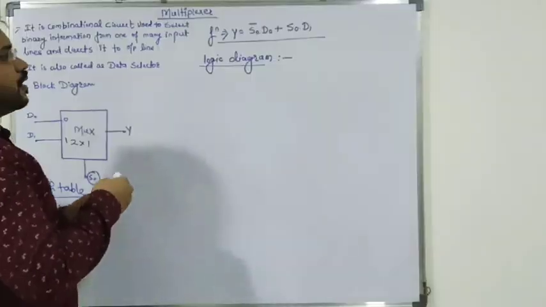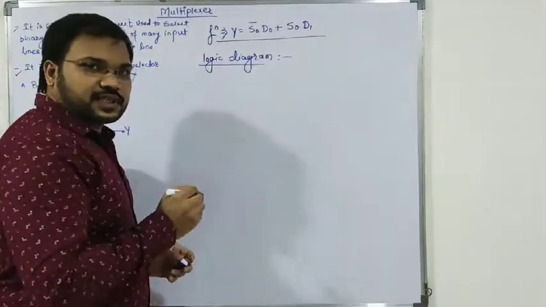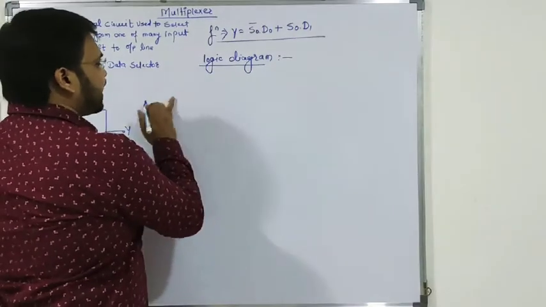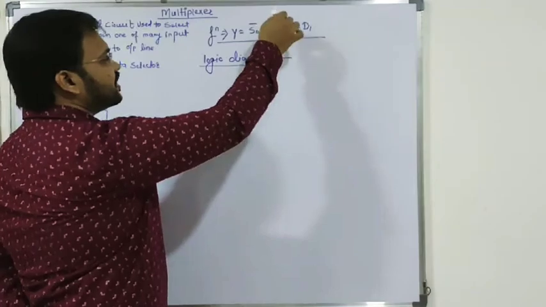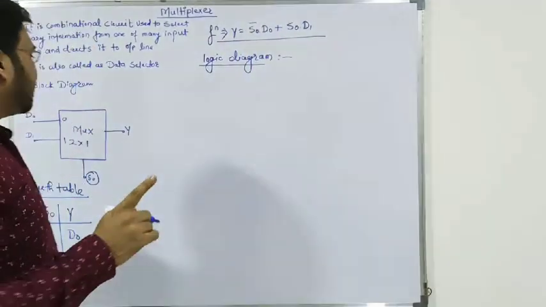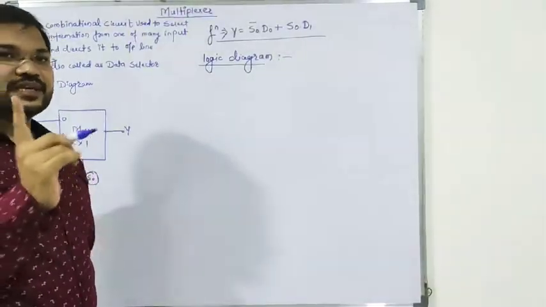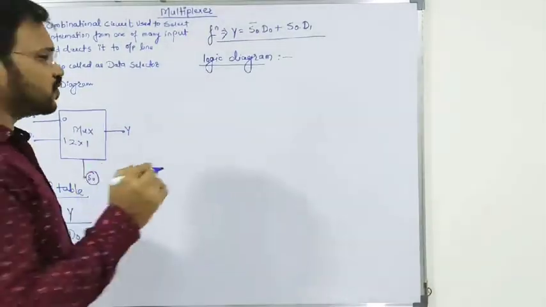For the logic diagram from this function, the input lines or data lines are D0 and D1, and S0 is your select line, with S0 bar as its complement.